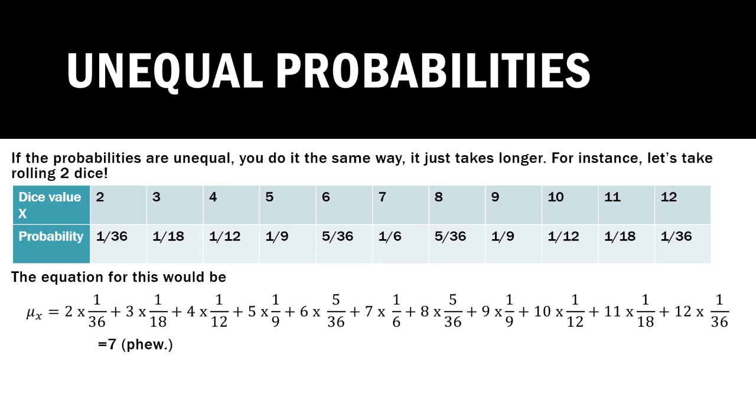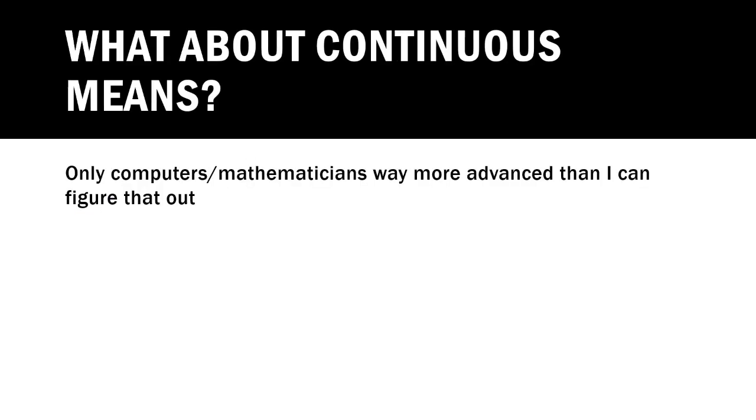So it's not going to be particularly easy, but it's at least going to be decently simple. Like I said, continuous means it's going to be very complicated. Oftentimes, you'll need to either use computer software or advanced mathematicians have their own calculation matrix thing. So we won't be covering that here.